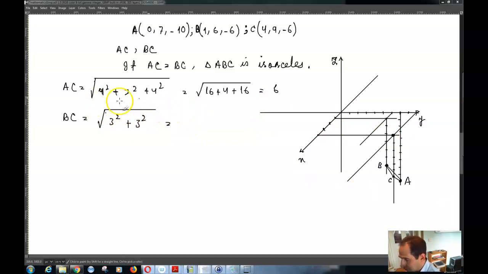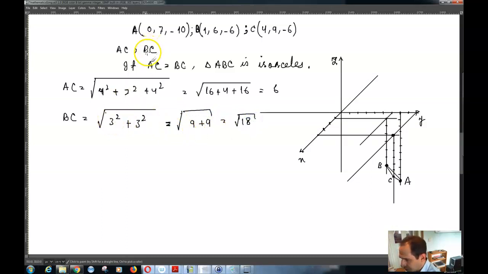The square root of 3 squared plus 3 squared is basically 9 plus 9, which is equal to the square root of 18.